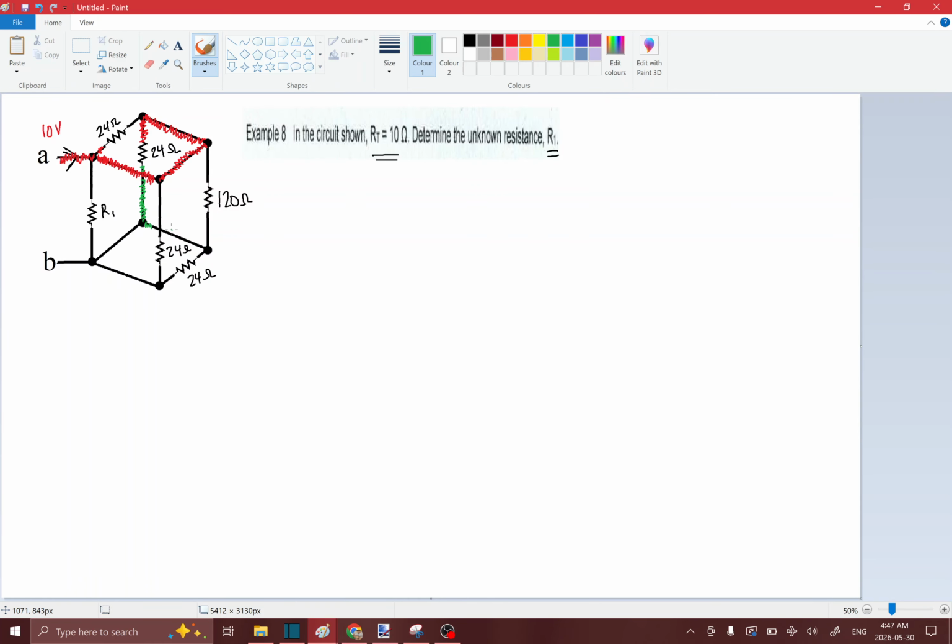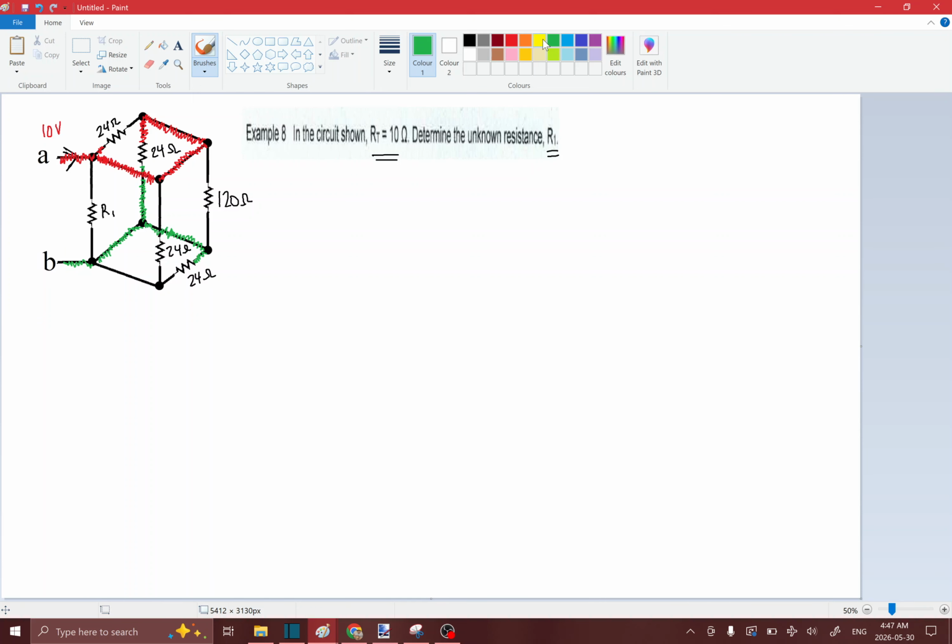So let's say it goes this way, and then it goes this way, well, it hits a resistor, so that could happen. The other option is to just go through this wire here and then go through like this to B. Okay, so that's one path that could happen.